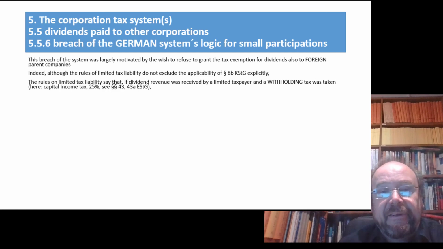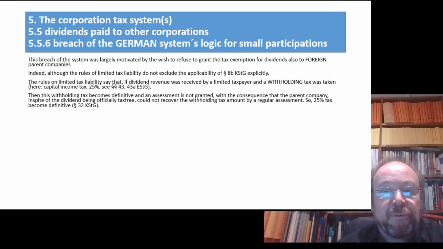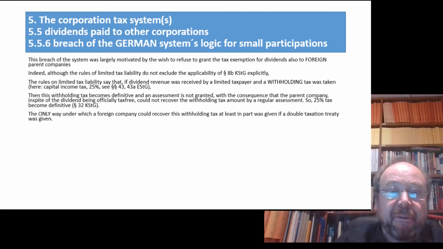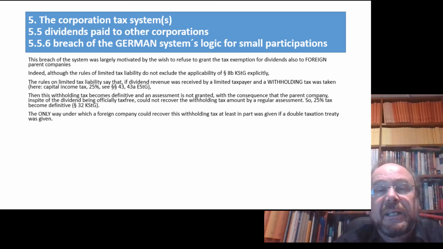And so indirectly, with a trick, they took 25%, although under their own legal ideas, the parent company should pay no tax. Now, this was a clear discrimination. However, in practice, Germany always said, we only lower this 25% definitive tax in negotiations about the double taxation treaty.